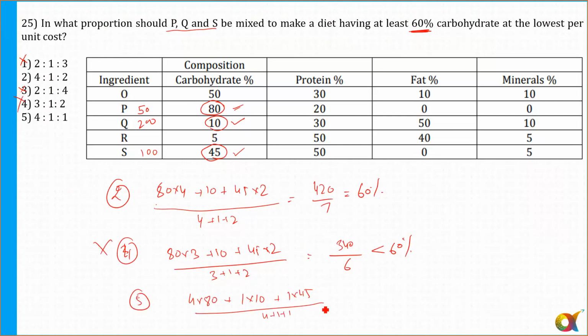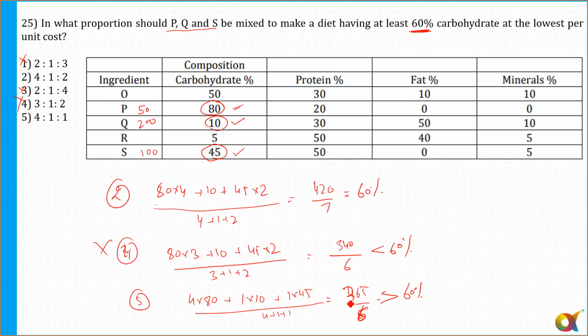So 320 plus 10, that is 330, and 330 plus 45 is 375. Sorry, 320 plus 10 is 330, and the total is 365, not 465. By 6, 6 sixes are 36. So in any case, it is more than 60%. So the answer can be option number 2 as well as option number 5. Both of them are satisfying the minimum.